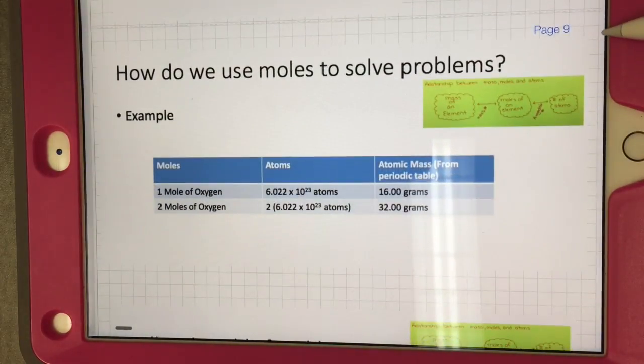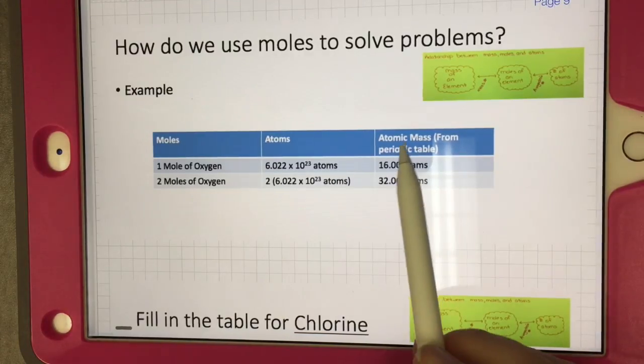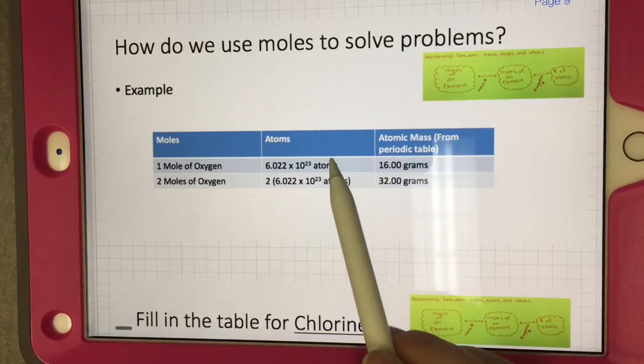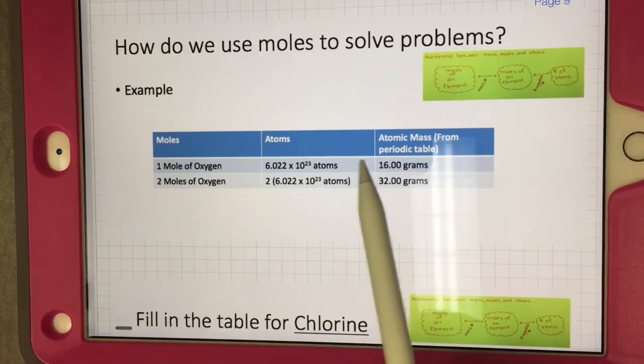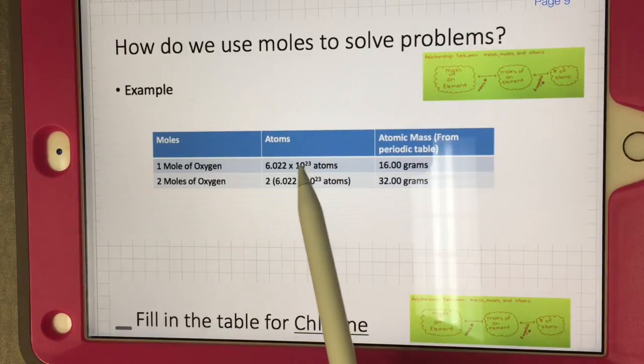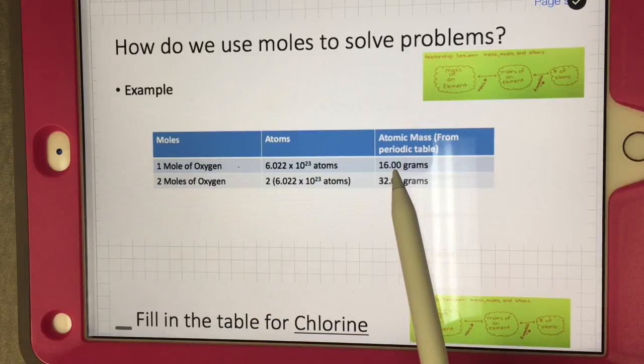So how do we use moles to solve problems? What are we going to be using this for? If I'm given a certain number of grams of something and I need to know the atoms, or if I'm given moles and I need to know grams, this is the relationship we're looking at. If I have 1 mole of oxygen, on the periodic table we know that oxygen is 16 grams, depending on which periodic table you have.